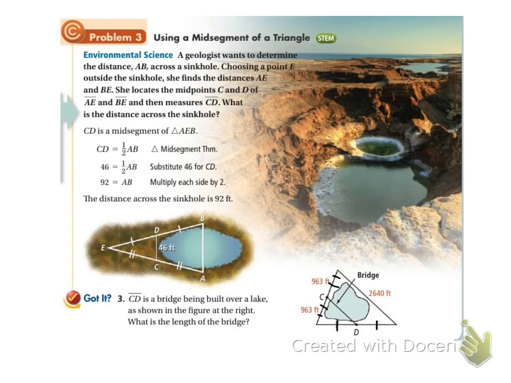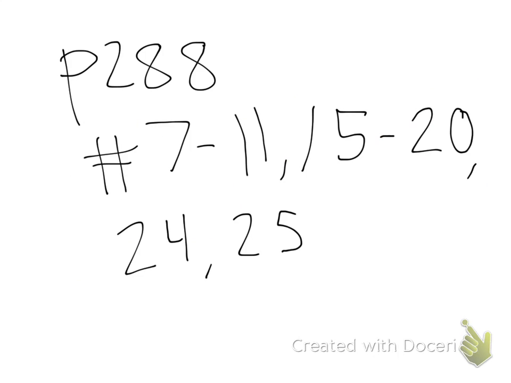So we know by 5.1, our midsegment theorem, that CD is equal to half of this bottom guy down here. So it's half of 2,640, which is 1,320 feet. So the length of the bridge is 1,320 feet. And there you go.